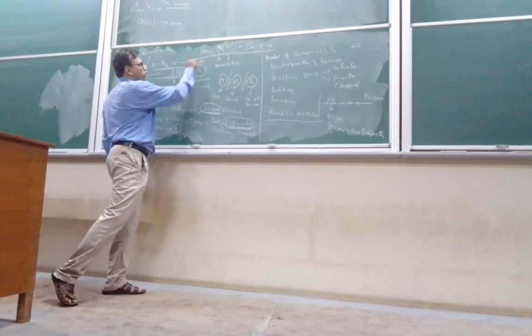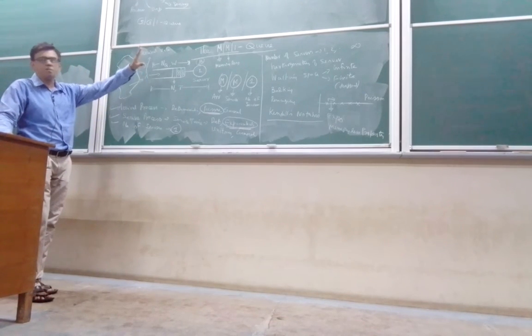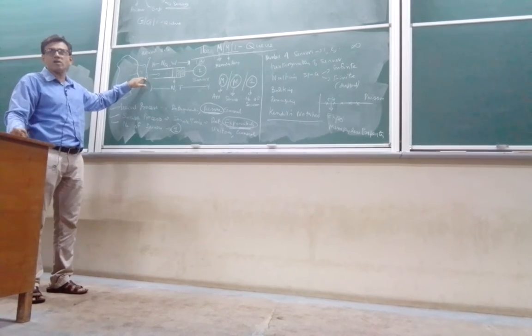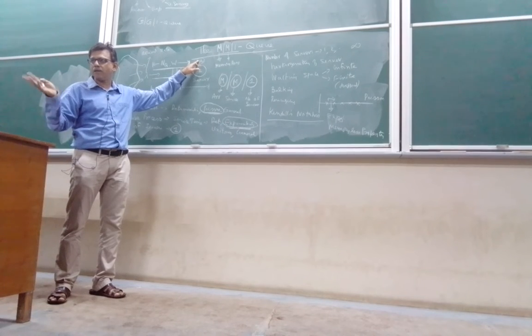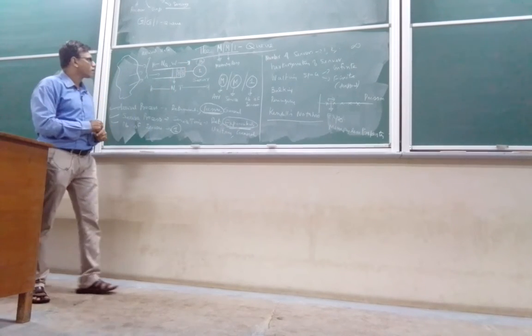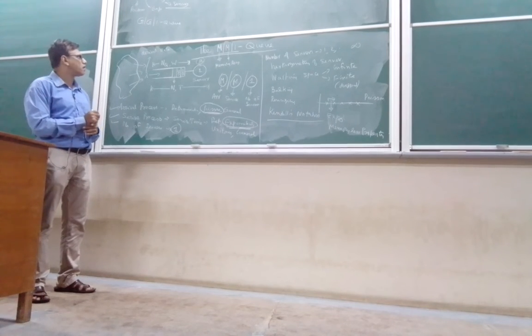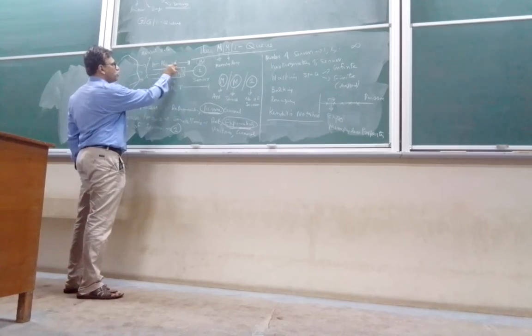You use the notation mu to denote it. So lambda and mu are two things. In the case of the MM1 queue, lambda is the Poisson arrival rate, mu is the exponential rate parameter. And then the quantities that are of interest to us are the following: N, NQ, T, W.